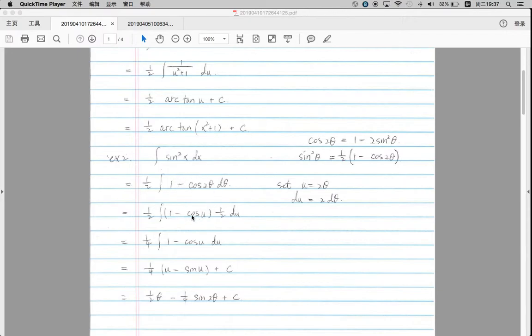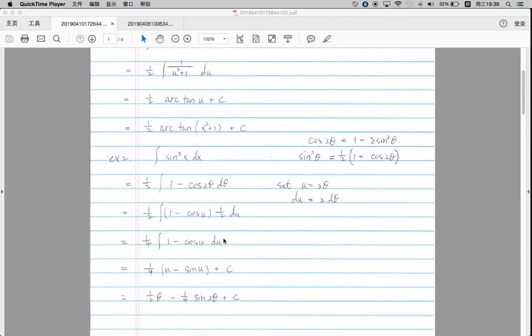We have 1 minus cosine u, and since d theta is just 1/2 of du, we put 1/2 du at the end. Now we drag this 1/2 outside, so we have 1/4 of the integral of 1 minus cosine u.